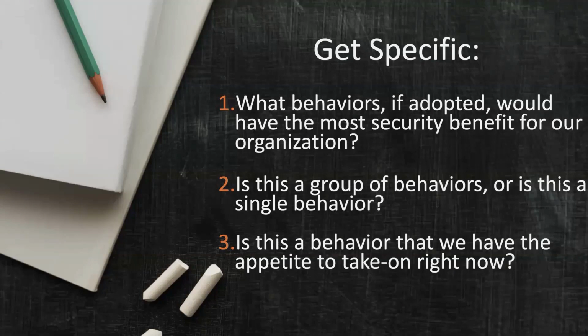Right, and then you also have to think about, is this a behavior that your organization has the appetite to take on right now? A great example of that would be, you might say that you want to address tailgating within your organization, but it could be that you don't have the organizational appetite because a number of your executive team every morning holds the door open for groups of people as they enter the building.